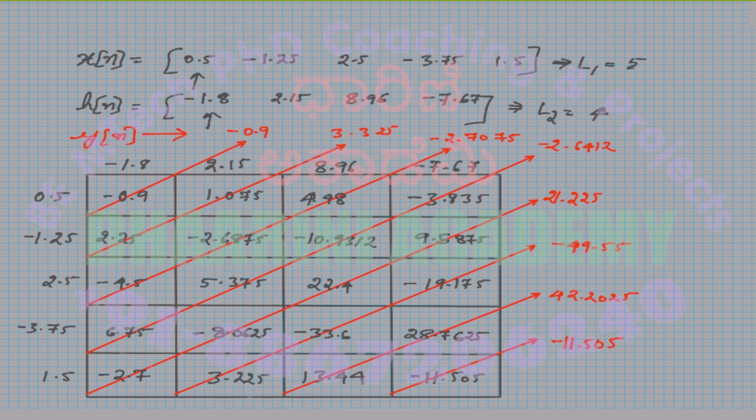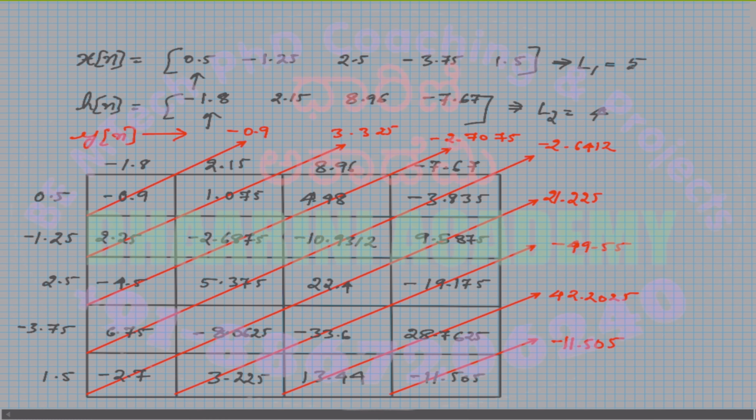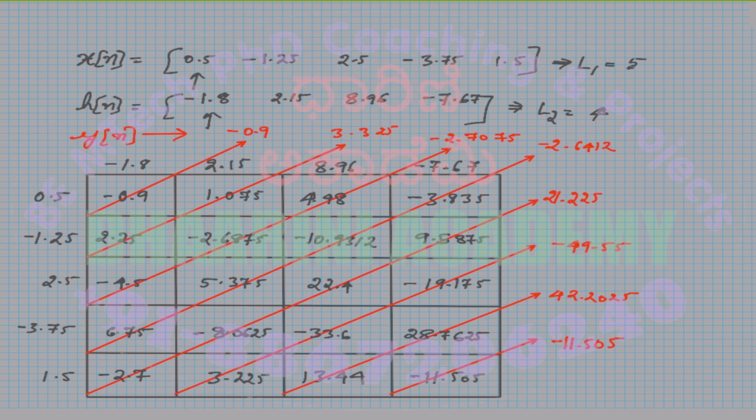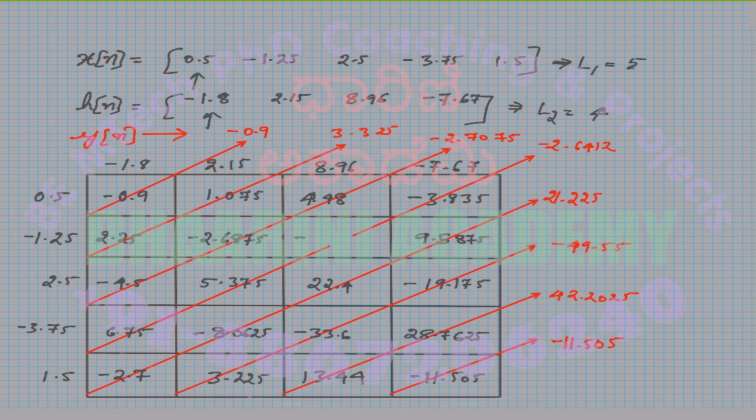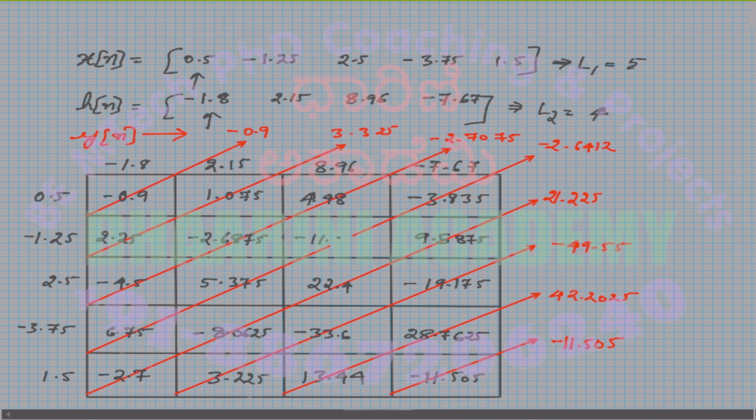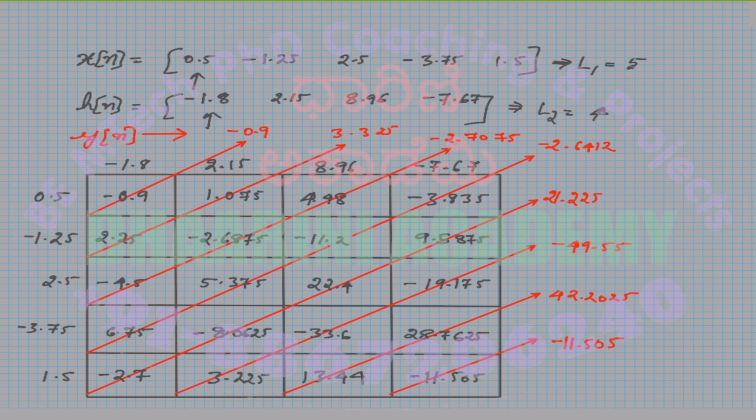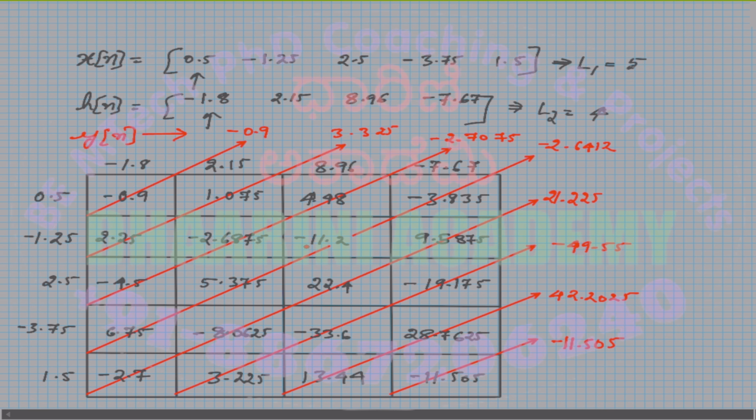Okay, I think there is a small mistake. Let's correct that. So this entry is not minus 10. Instead of that, it has to be minus 11 point something. Is it 11.2? Okay, let's correct. All right, so that means this is minus 11.2, correct? Now, because of that change, I think we can correct the result.